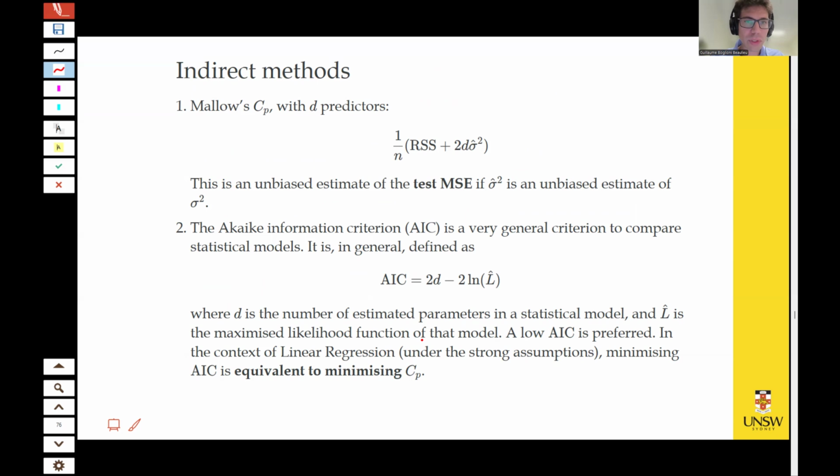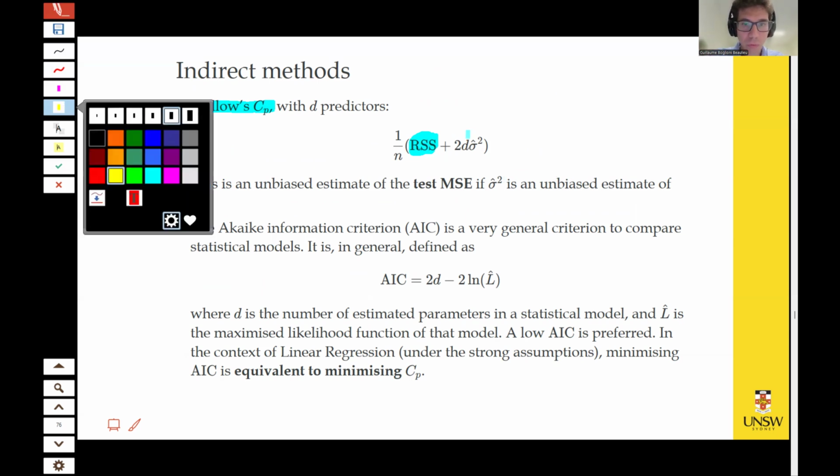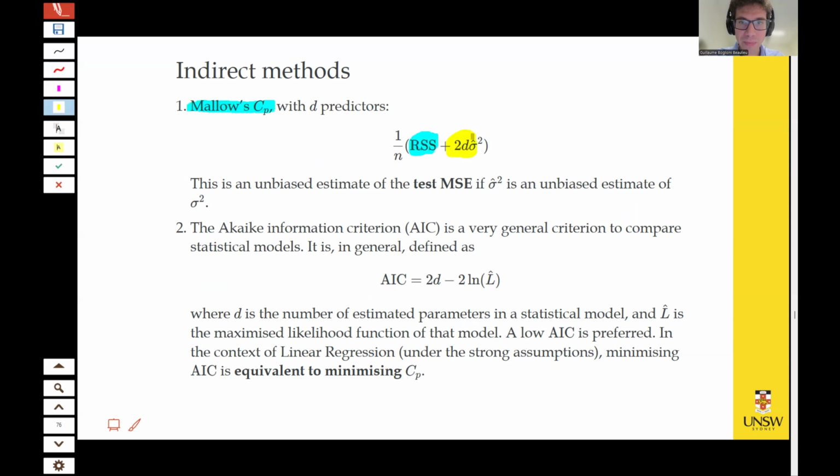Now, the first of those measures is the so-called Mallows Cp, and it's defined like that. You do have the RSS explicitly there, but then you add what you could call a penalty for adding parameters. Because again, adding a whole bunch of variables that don't do much in your model, that's not good.